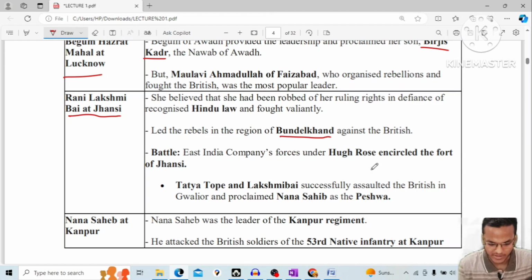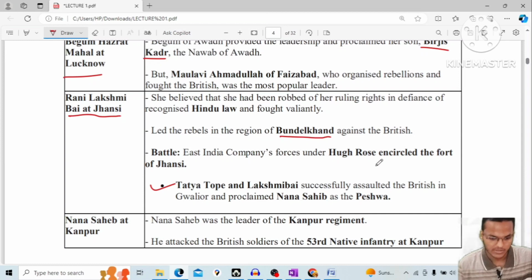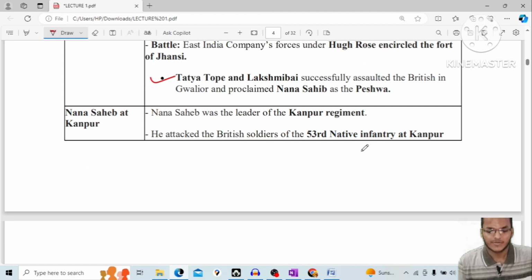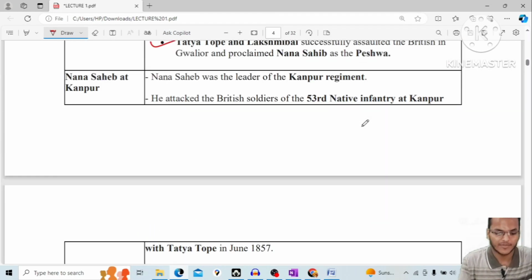Hugh Rose encircled the fort of Jhansi. Tantia Tope and Rani Lakshmibai successfully assaulted the British in Gwalior. Nana Sahib at Kanpur. Tantia Tope was here too, and he helped Nana Sahib at Kanpur.